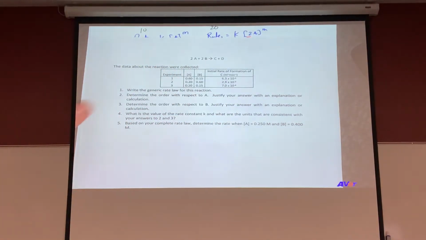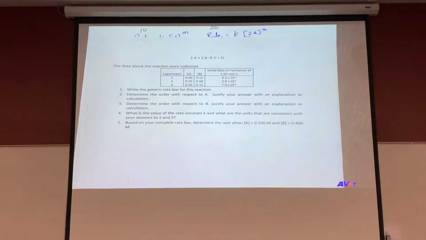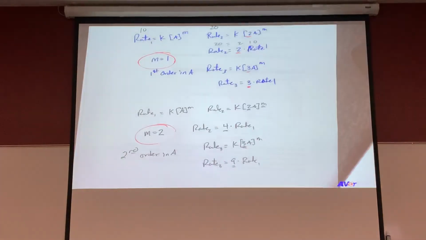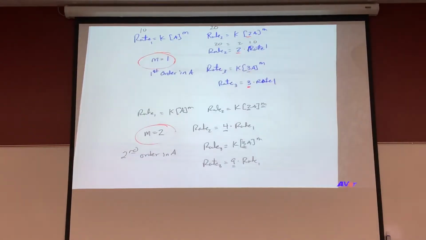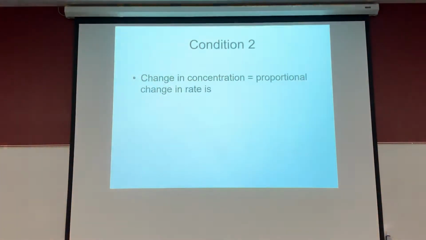Very typically, they are: write the rate laws, calculate or determine the value of K, figure out the rate based on some new concentrations. But you have to know how to manipulate that data set. So that's what I'm getting to next. Okay? All right, so let's go to this.